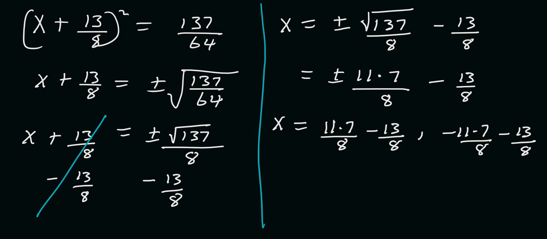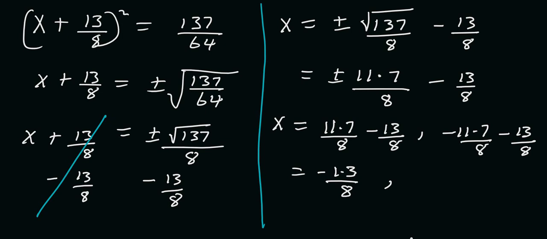11.7 minus 13 will give us negative 1.3. So this is equal to negative 1.3 over 8. And on the other side, we also have negative 11.7 over 8 minus 13 over 8.